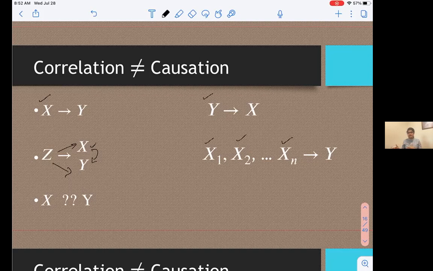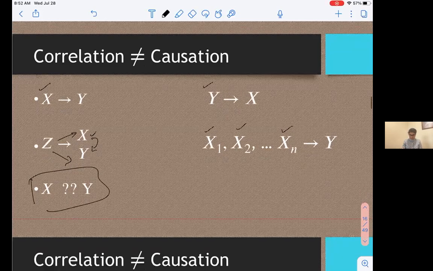There are many other factors that can be the reason for a change in Y. Or sometimes we don't know how they are related to each other. So these things tell you what causation is, and correlation is just the mathematical expression that tells you how two or more variables are related to each other.